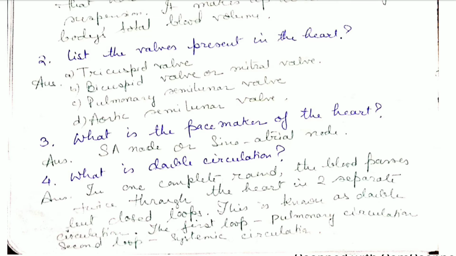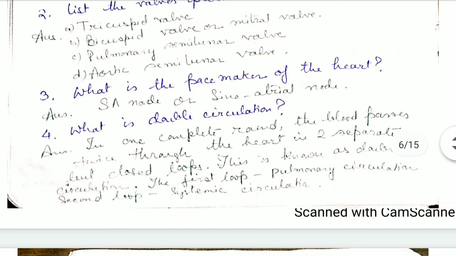The pulmonary semilunar valve is between the right ventricle and pulmonary artery. And the aortic semilunar valve is present between the left ventricle and aorta. Then, what is the pacemaker of the heart? It is the SA node or sinoatrial node. This is called the pacemaker of the heart.